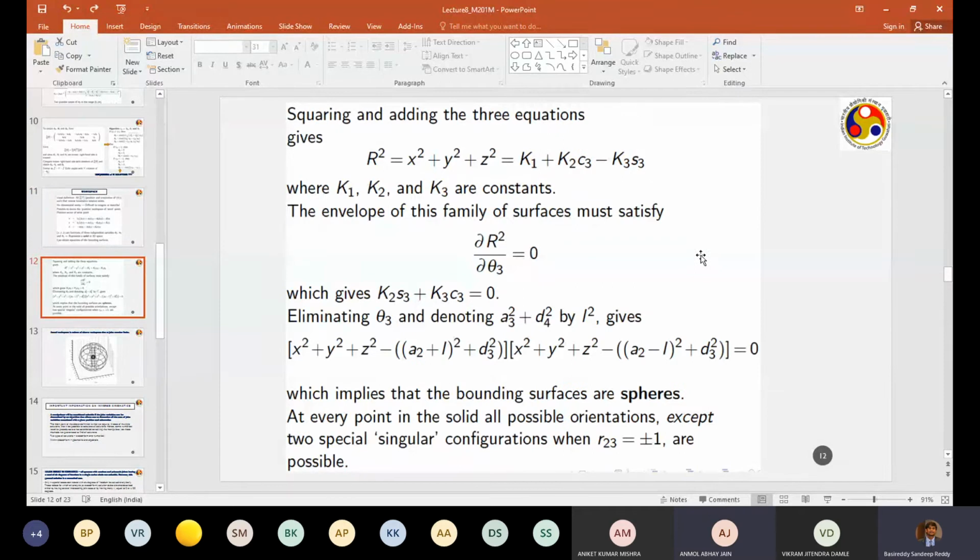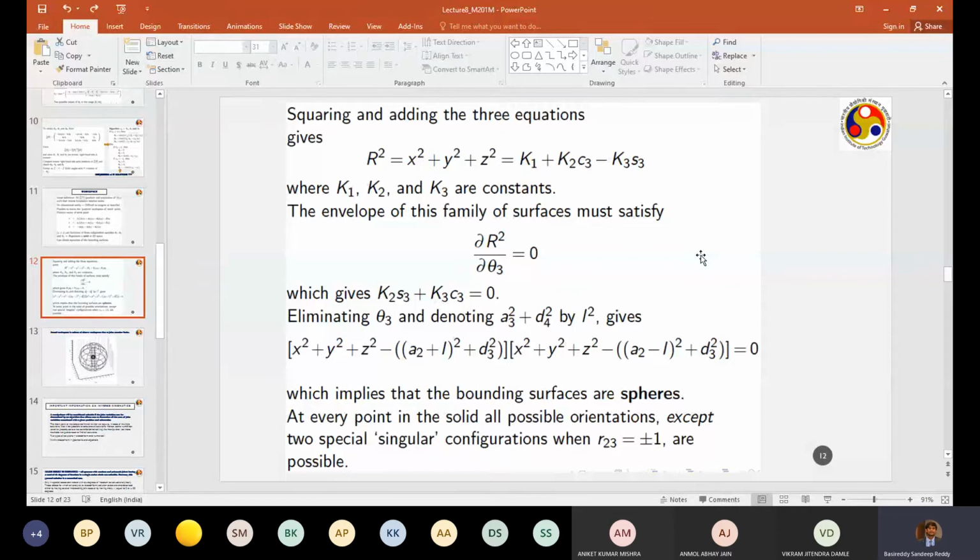Yes, so this is the envelope of this family of surfaces. The derivative of this expression, that is r square, with respect to theta 3, what will that give? What is del y by del x? If you want to find an envelope of this family of surfaces, a bound, that is what you want to find out. Now this del r square by del theta 3 is of the form something like del y by del x.